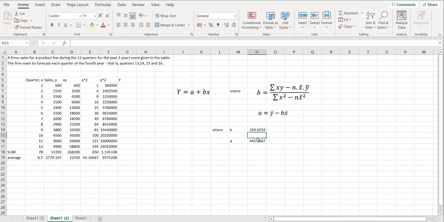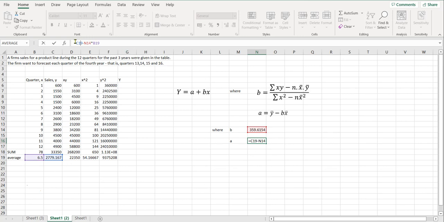As for a, it is equivalent to the mean of y, which is C19, 2779.167, minus b, the value we calculated before, 359.618, multiplied by the mean of x.